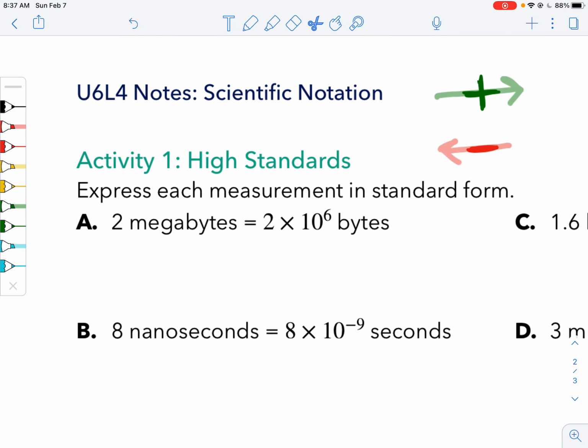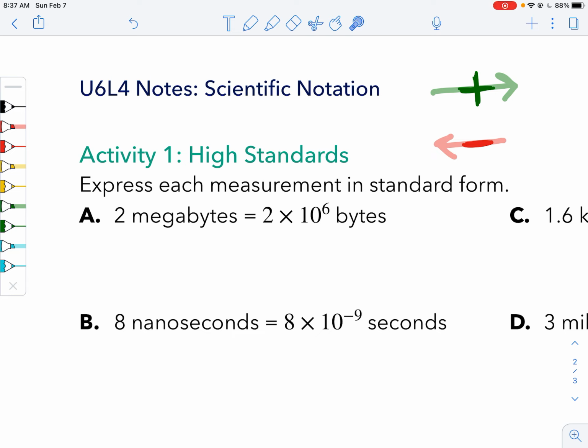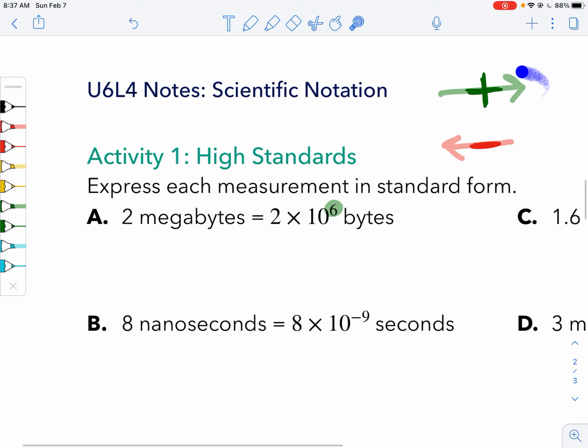All right. So here, we know that 2 megabytes is equal to 2 times 10 to the 6th power of bytes. Well, how many bytes is that really? Let's look at our exponent. We've got an exponent of 6, which means we're going to take our decimal point and move it to the right 6 places.